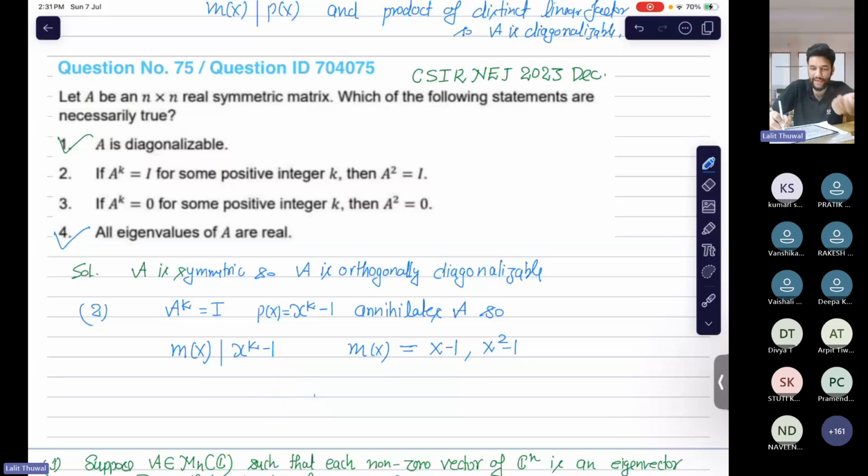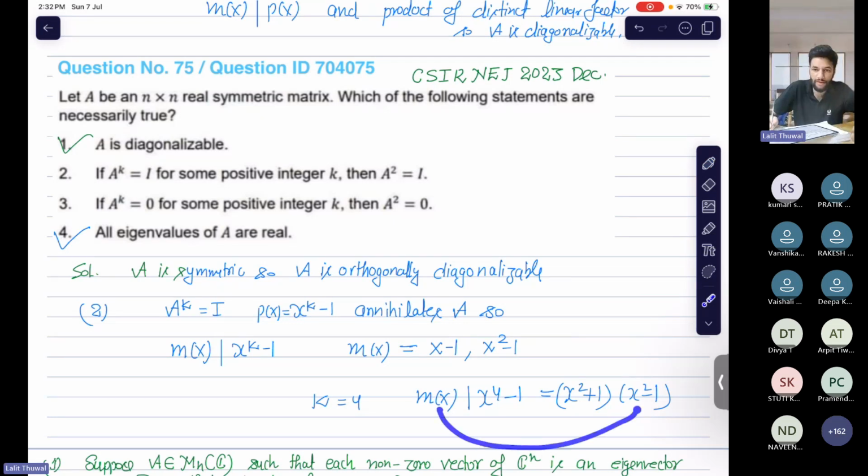Suppose k is 4. Then mx divides x to the power 4 minus 1. So x to the power 4 minus 1 is (x square plus 1)(x square minus 1). So from here, you see that mx would be a factor of this, because no non-real root should be a root of mx.